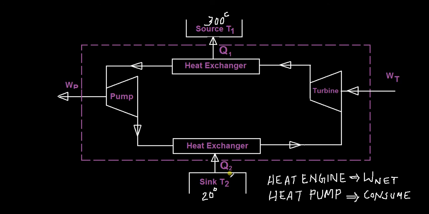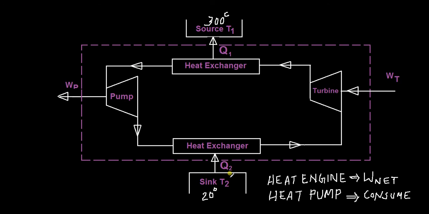Now if you consider the refrigerator in your house, or the fridge freezer in your house, that will consume power in the form of electricity, but it will remove heat from within your refrigerator to the ambient, which is probably at a high temperature, and consume net work.